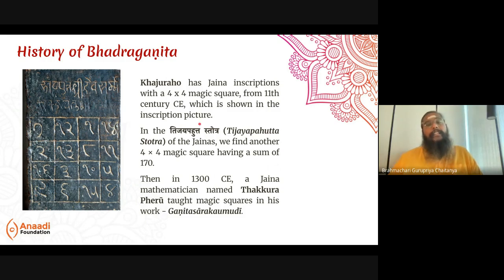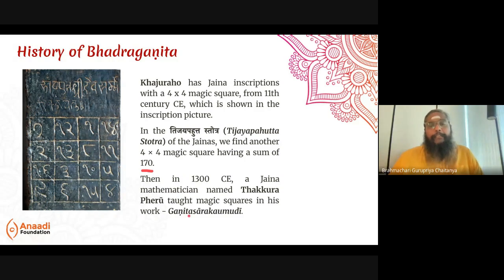Then there is the Tijaya Pahutta Stotram in the Jaina tradition. We find another 4x4 magic square which leads to the magic sum of 170. This particular arrangement leads to a magic sum of 32.